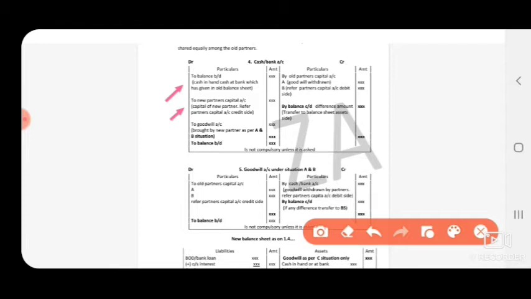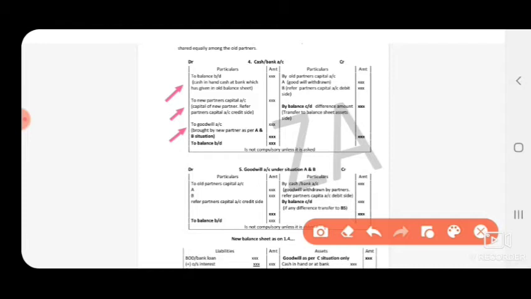With the help of the partner's capital account, we can record the opposite entries. For example, you will get by cash account the new partner's capital, so we can record it on the debit side as the new partner's capital account. And next, goodwill: under situation A and B, the new partner has to bring the goodwill amount in the form of cash.